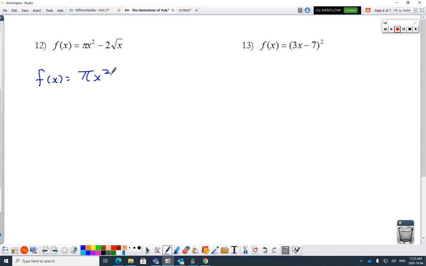What should I do with the root x to get it ready for taking the derivative? Well, yeah, this goes back to x to the 1/2.